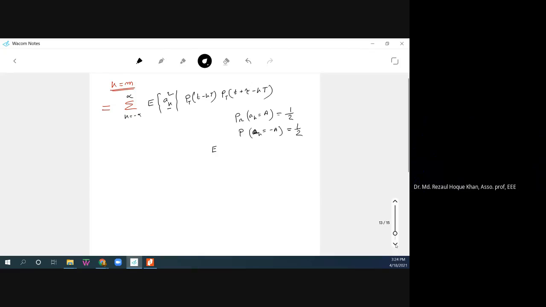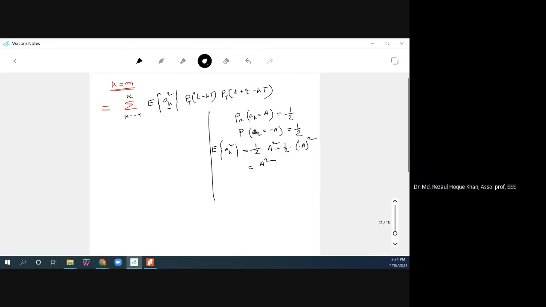The expected value of ak squared, as we calculated previously, is half times a squared plus half times minus a squared. That is a squared, which is the equivalent value for the expected value of ak squared.